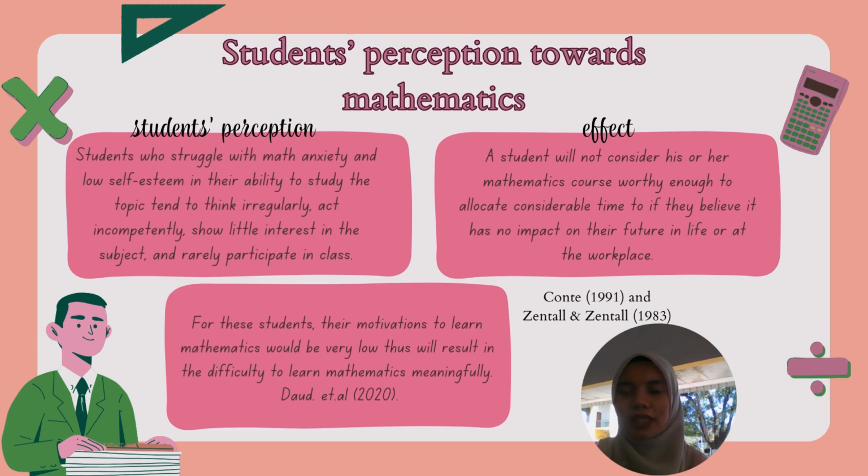So the effect that we can see is a student will not consider his or her mathematics course worthy enough to allocate considerable time to if they believe it has no impact on their future in life or at the workplace.